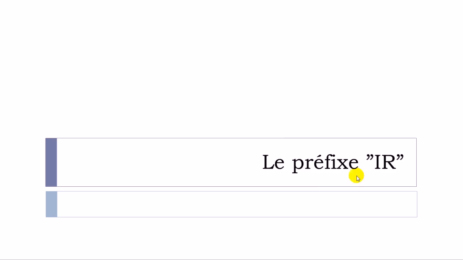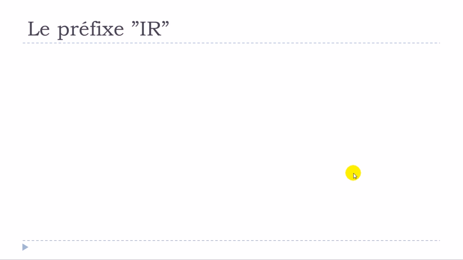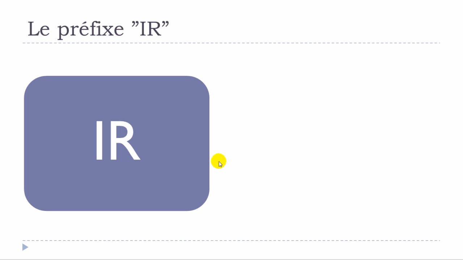Le préfixe IR, and the good news is that it will be the last video for this chapter of prefix. If you remember, when we're talking about prefix, we're talking about letters, like in that case IR, that you will add at the beginning of an existing word, and by adding these letters you will modify the original meaning of the word.